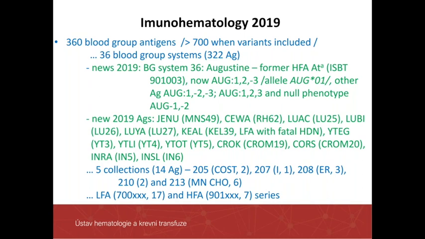These antigens are grouped into 36 known blood group systems, and in this year a new blood group system, Augustine, was established, and 13 new antigens were also recognized by the terminology committee of ISBT. Others are grouped into 5 collections and series of low frequency and high frequency antigens.